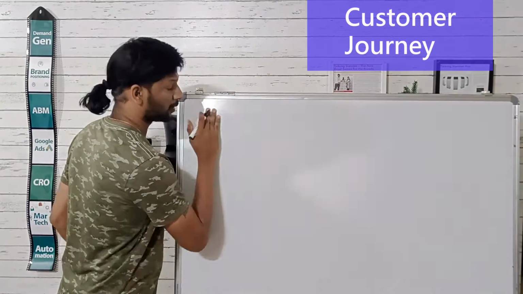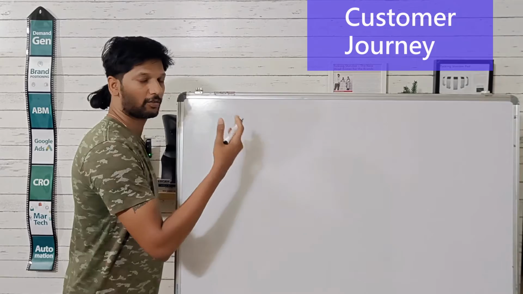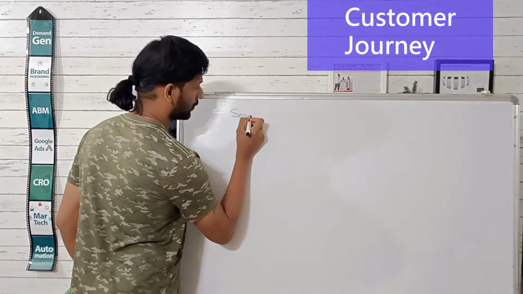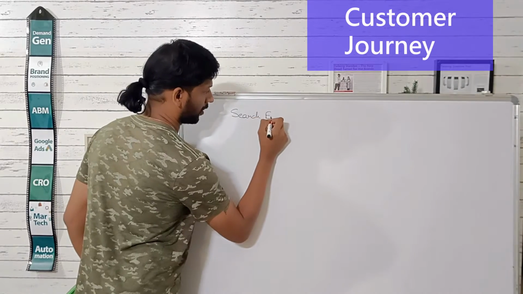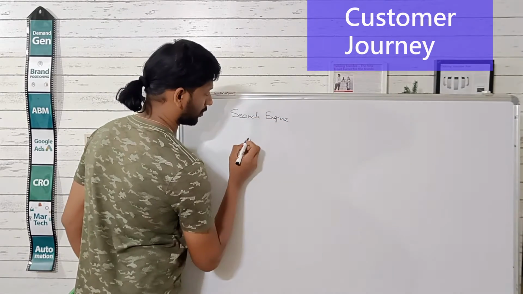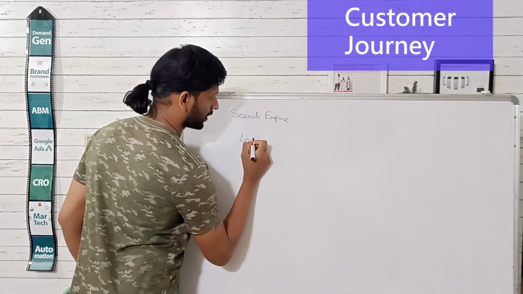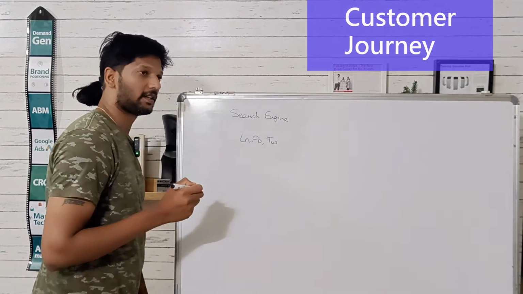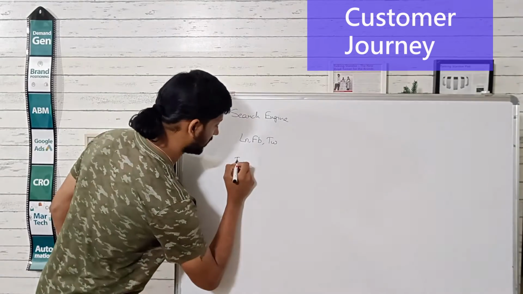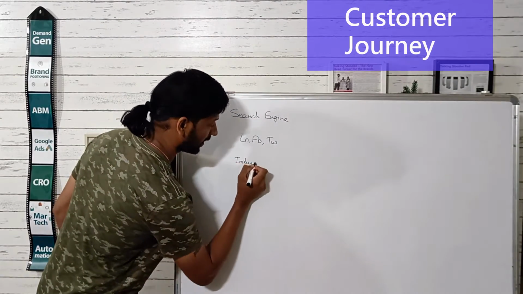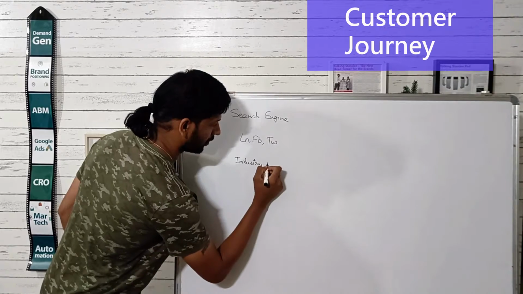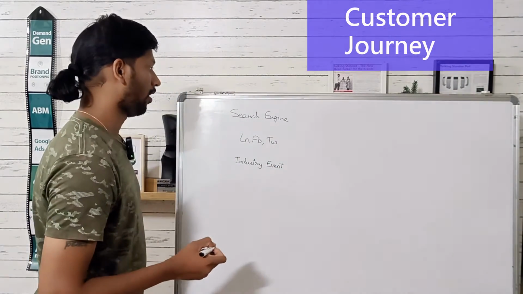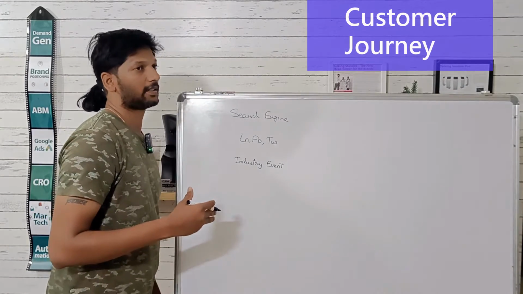Now your customer would be trying to find some information on a search engine, isn't it? On social media like LinkedIn or Facebook or Twitter, isn't it? Or someone might be looking at some industry events, attending an event, be it offline or in person, or going through some magazines.